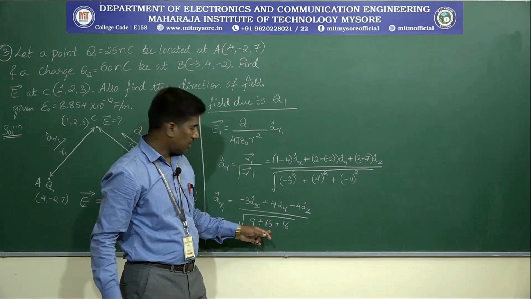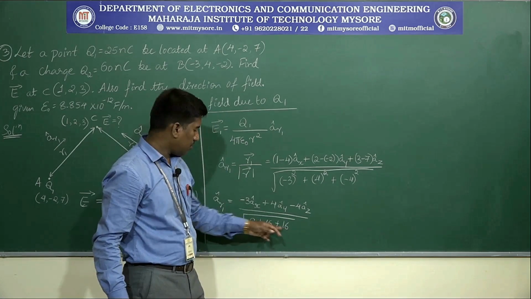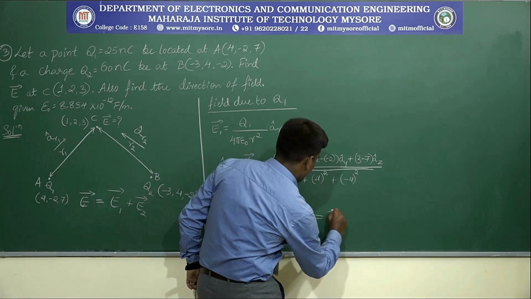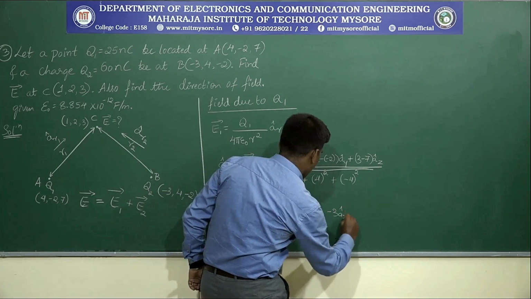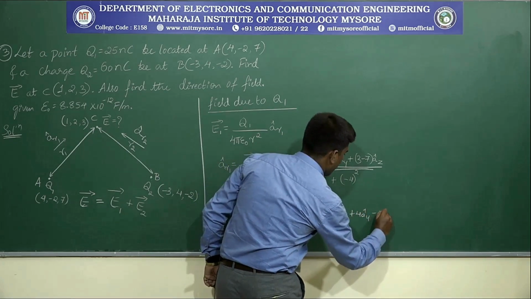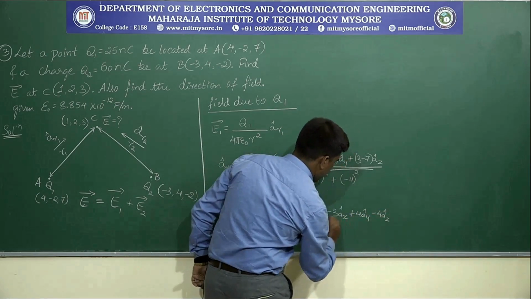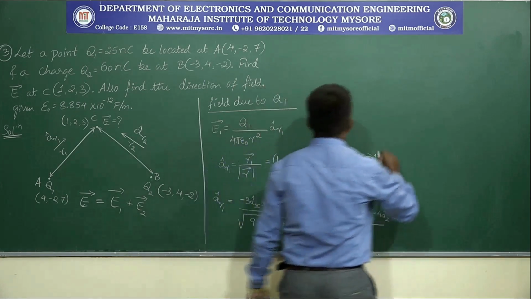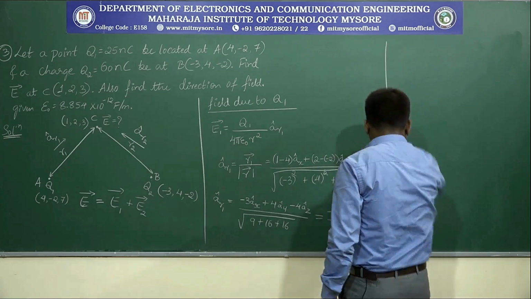How much? 16 plus 16? 32. 32 plus 9? 41. So the answer is minus 3 A cap x plus 4 A cap y minus 4 A cap z divided by square root of 41. This is the answer.